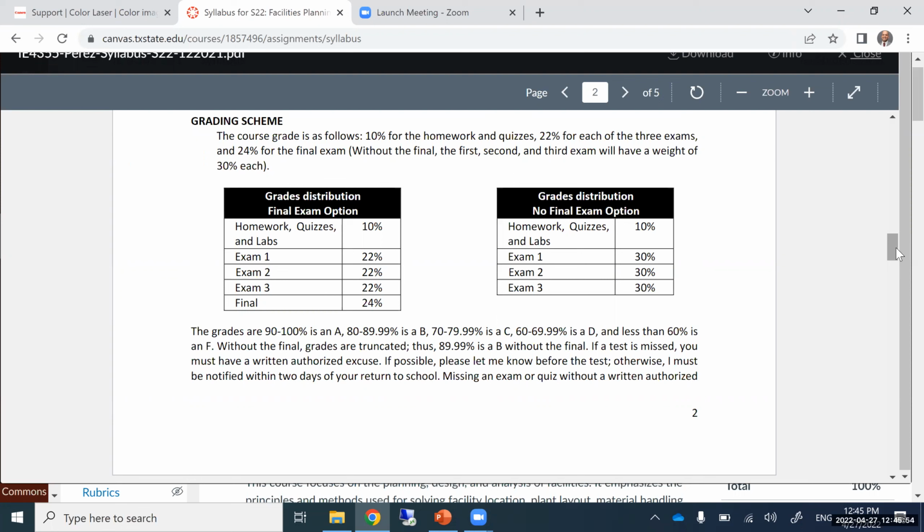I have not had any students who take the final get a worse grade than the one they initially had. So taking the final should be just a way to improve, not to get worse.